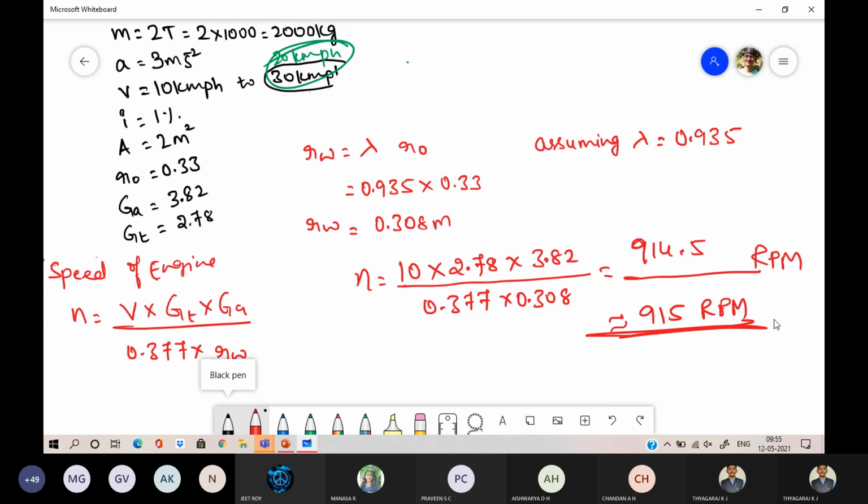Okay. I think we are left with another 2-3 problems. Any doubts in this? No, sir. All the data will be given to you. Simply, you should remember the formulas and put that data into the correct formula and get the value. Okay, we'll continue the class in the next class.